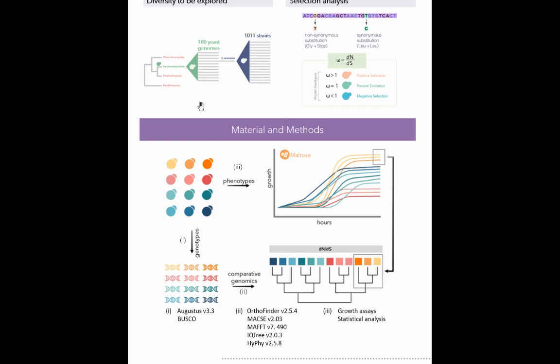And we also have the second data set that comprehends 183 genomes of species from the Saccharomycotina subphylum. We use Augustus for gene prediction, BUSCO for completeness and to establish gene families, IQ-TREE for the phylogenetic inference, and HyPhy for analysis of selection.